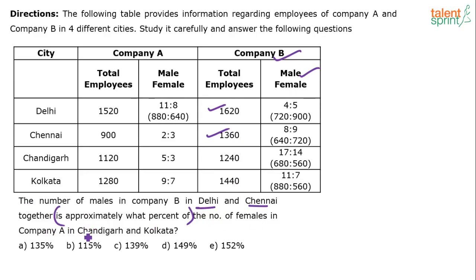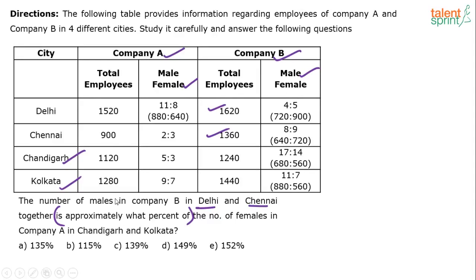Number of females of company A in Chandigarh and Kolkata. So you have to find the number of males of company B in Delhi and Chennai, the females of company A in Chandigarh and Kolkata, and then find what percentage these total males are of the total females. X is what percent of Y: X by Y into 100.